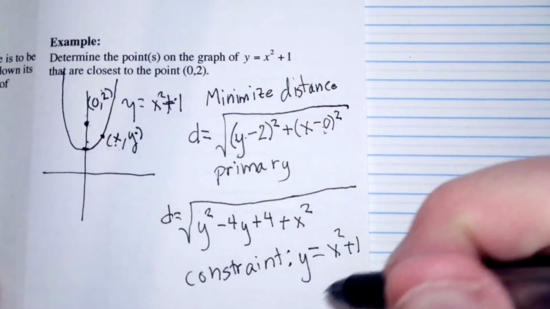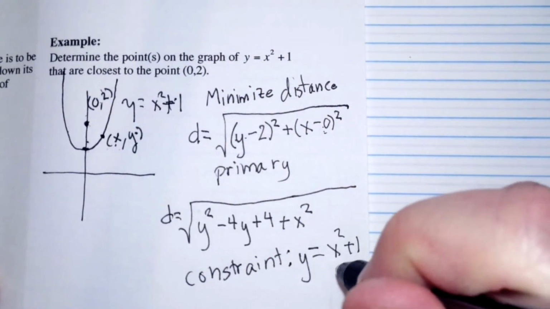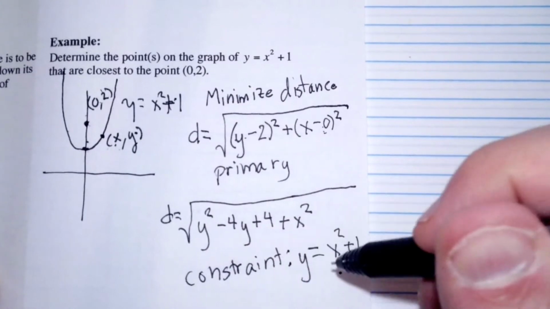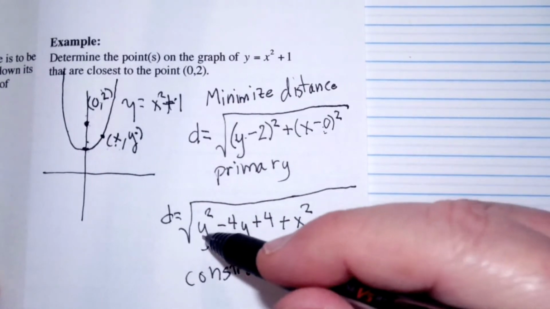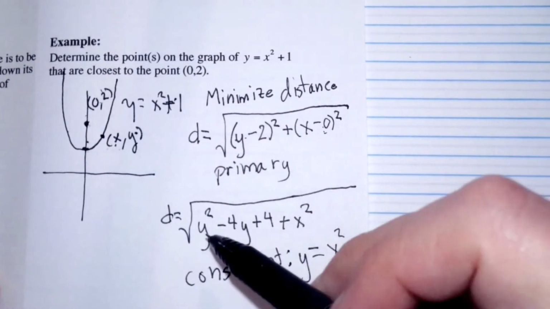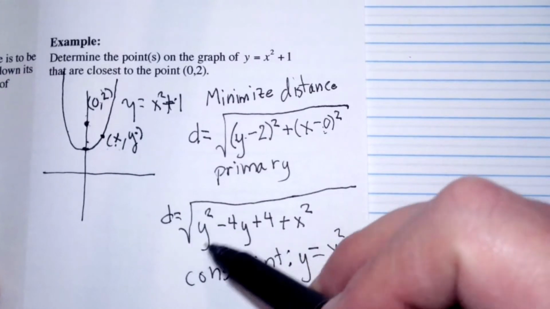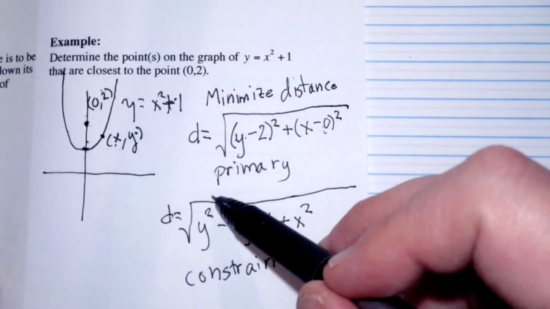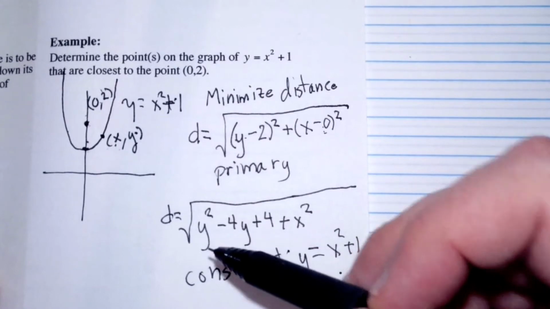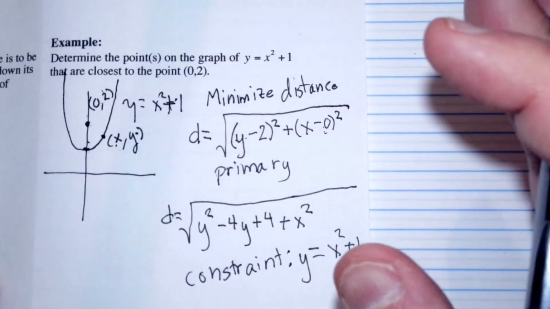So what we need to do is then somehow take this and put it in here. Well, we could replace each y with x squared plus 1, but then that would give us (x squared plus 1) squared, which would mean an x to the 4th term, and that might be hard to work with.